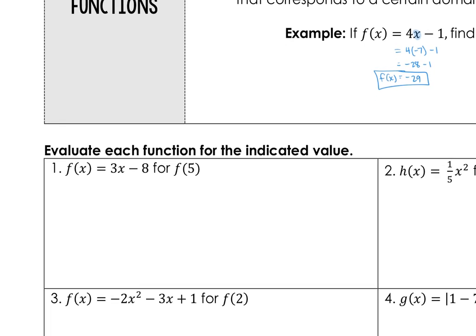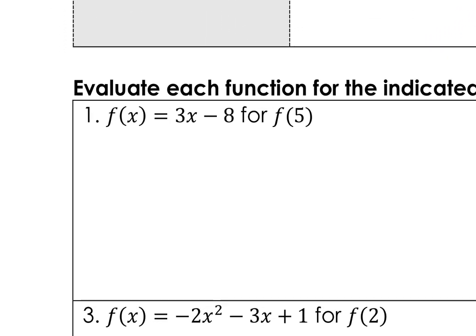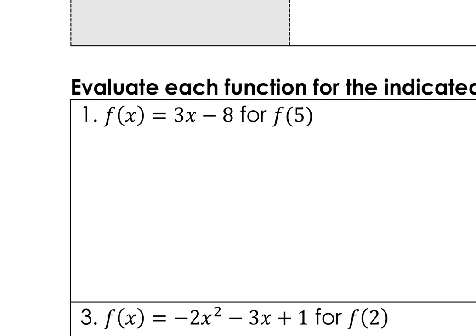So, the first one, we're going to evaluate each of these functions for the given value. Number 1, we have f of x is equal to 3x minus 8 for f of 5. So again, understanding that notation, they're telling you this is the x value. So we're going to take that x value of 5 and plug it in wherever x is in the function.